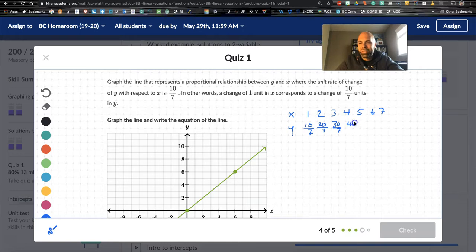Yeah, we're just going to end up at the same place. I'll just finish this thought. 50 over 7. 60 over 7. Oops, it looks like a backwards E or something. 70 over 7.